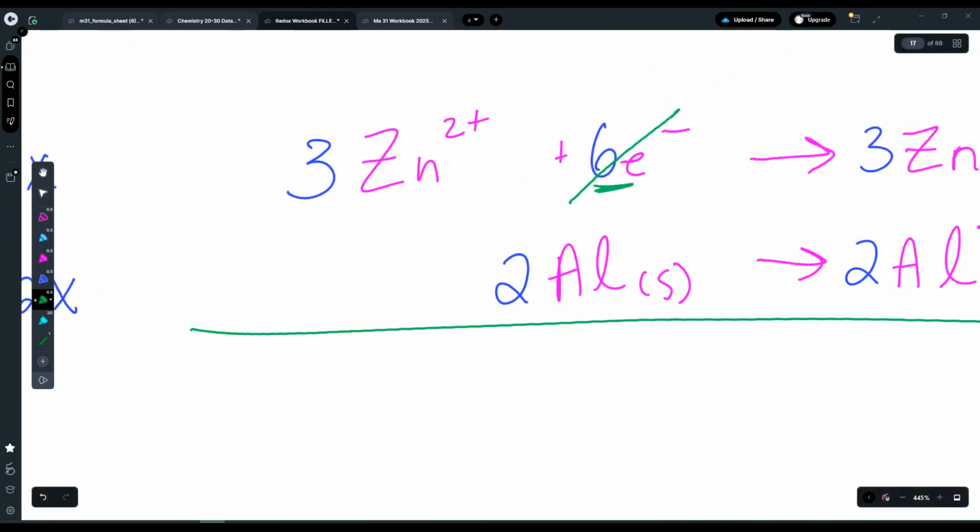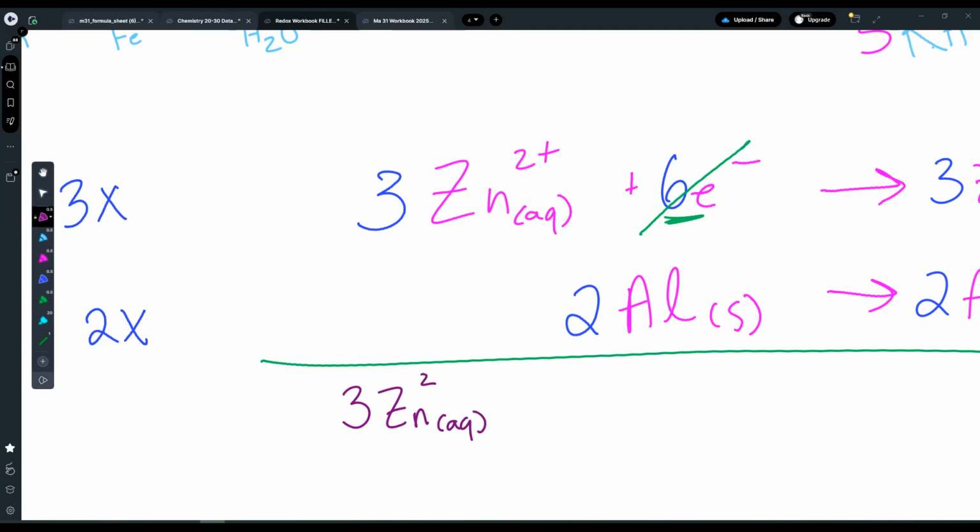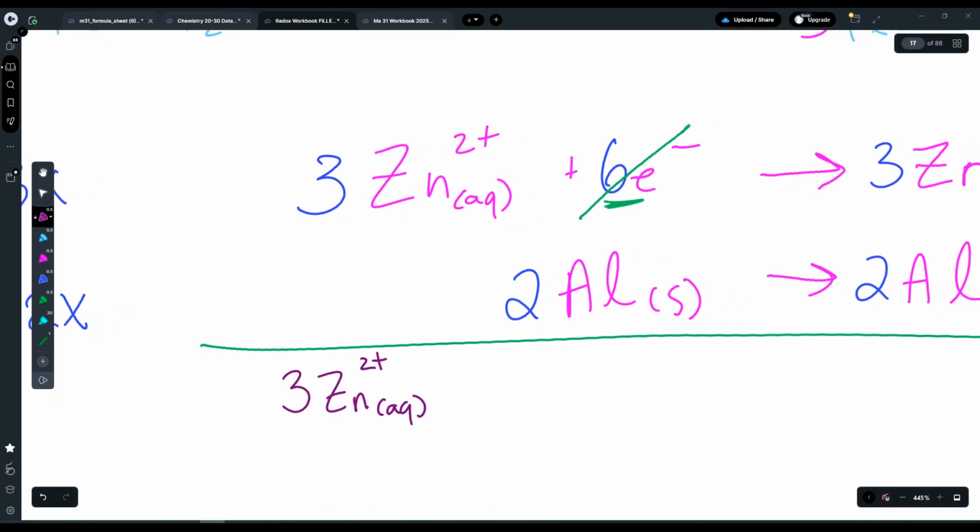I'm going to start with the reactant side and make sure I write everything down. So I've got 3 zinc, and that should be zinc aqueous. Don't forget your states, and don't forget your charges either. Now, this 6 electrons canceled out, so I'm not writing it. But I'm going to move on to my next reaction.